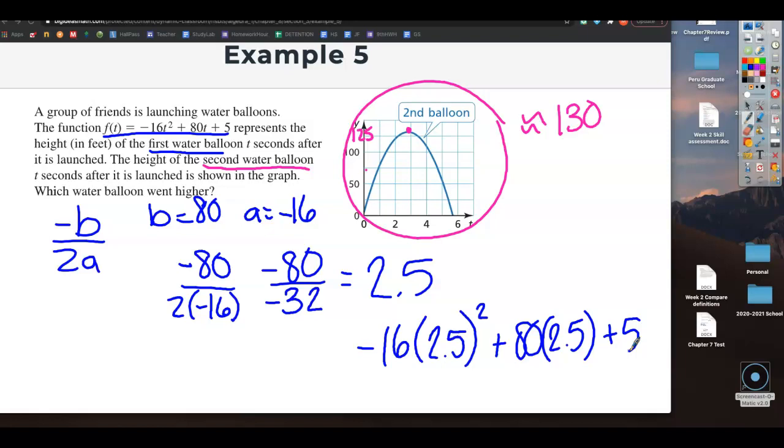Plus 80 times 2.5 plus 5. What do you get? 105, right? So, this is the height of the first water balloon. This is the height of the second water balloon. Which water balloon went higher? The second water balloon.